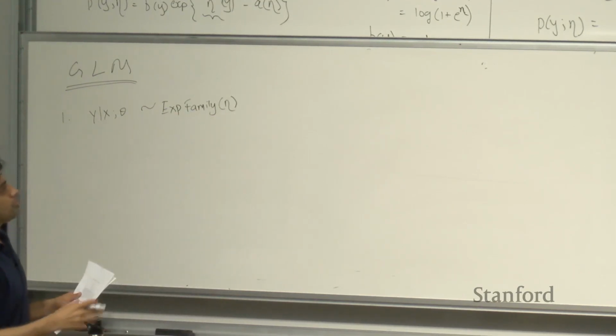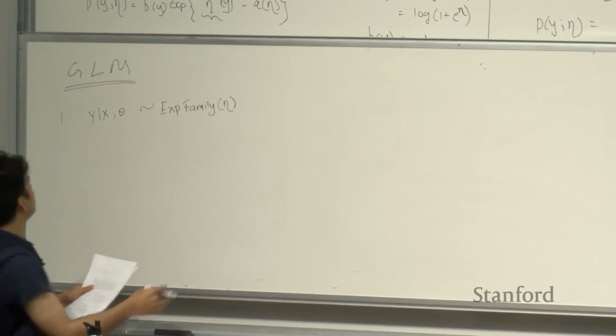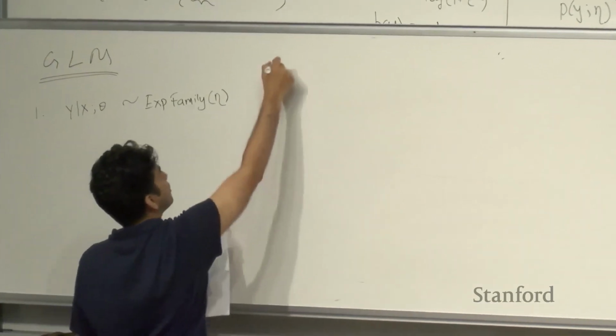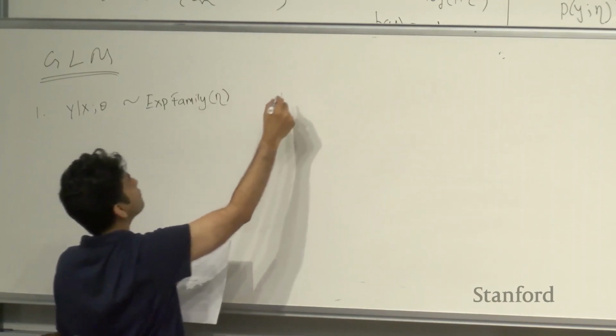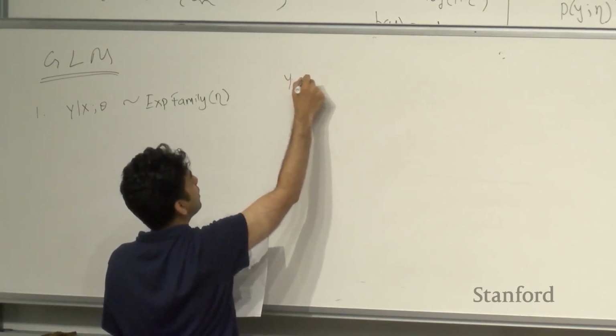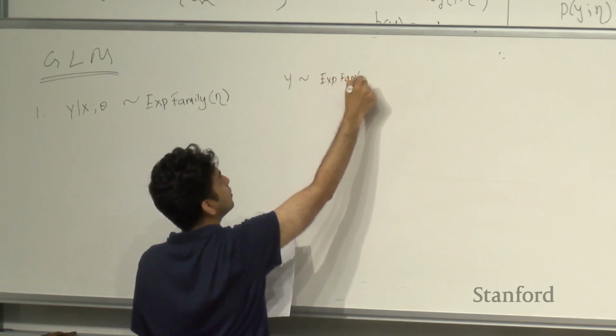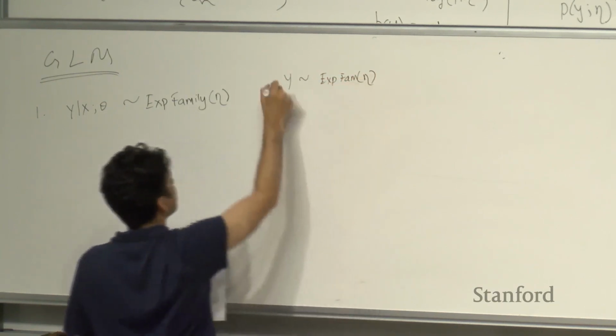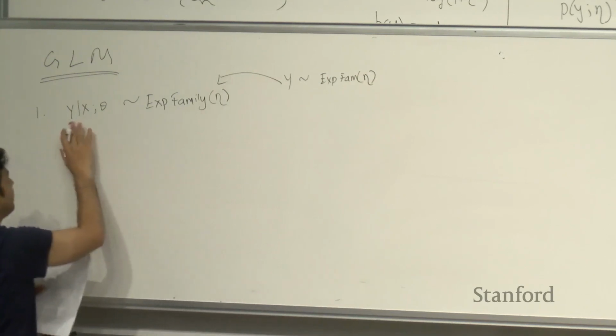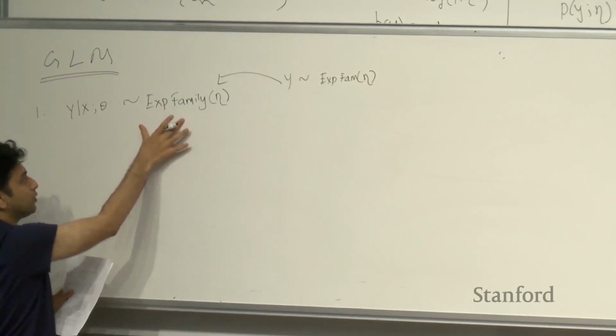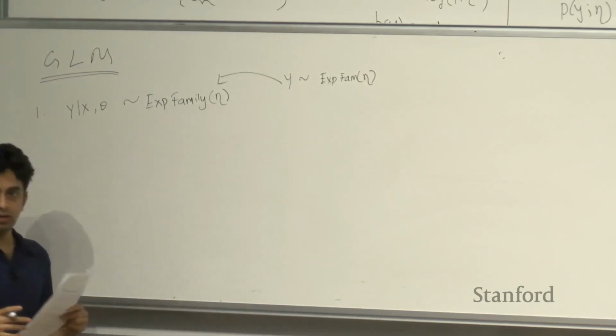So far in this lecture, we didn't assume this, but we were considering the cases when y belonged to an exponential family with parameter eta. Now we say y given x belongs to an exponential family with parameter eta.